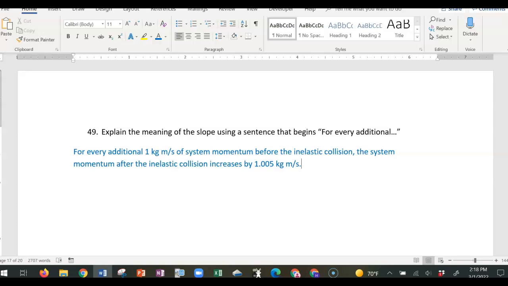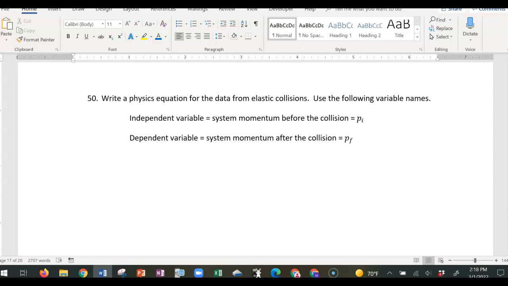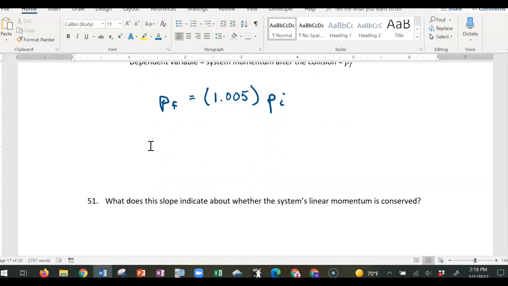And so if I wrote a physics equation, I'd say that the momentum after the collision equals 1.005 times the momentum before the collision. They're essentially the same, right?